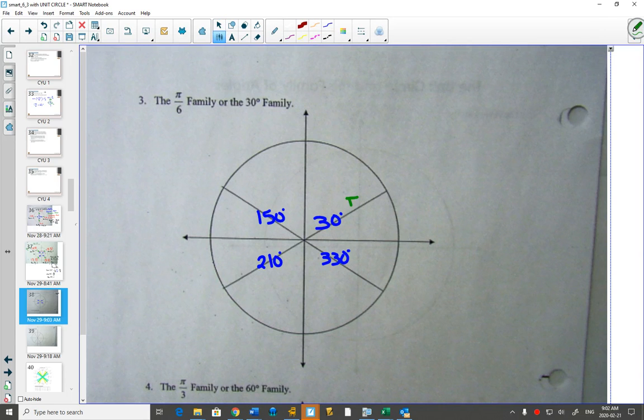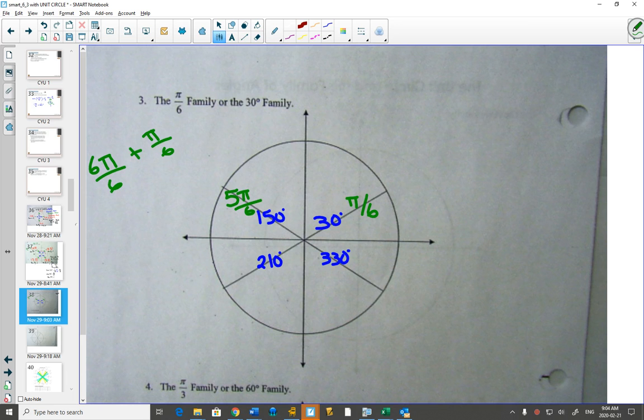A minute head start on the radians. That's pi over 6. Right, you could use your reference angles. You have to subtract your reference angle from pi. You need to make a common denominator. 5 pi over 6.